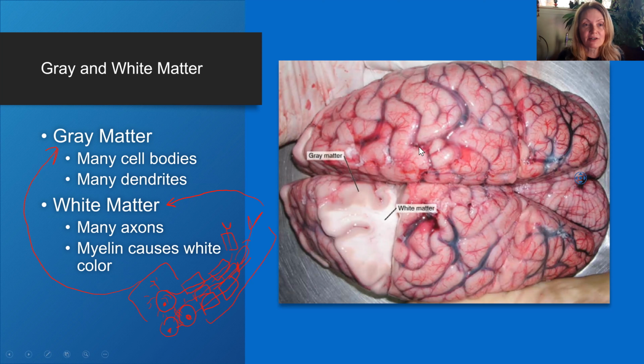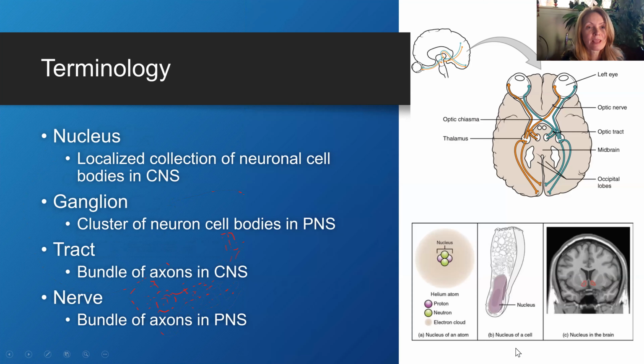We define gray matter and white matter only when we're discussing the brain and spinal cord. That doesn't mean that we don't have dendrites and axons in the peripheral nervous system. We do, we just name them differently.